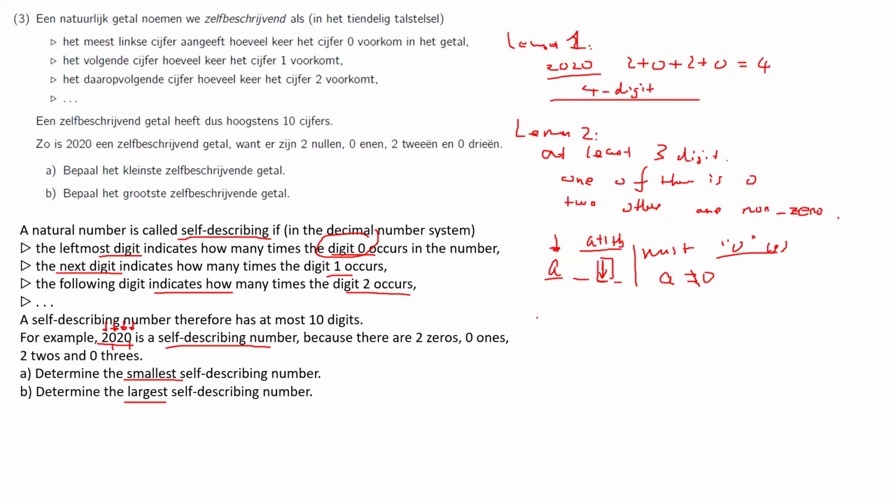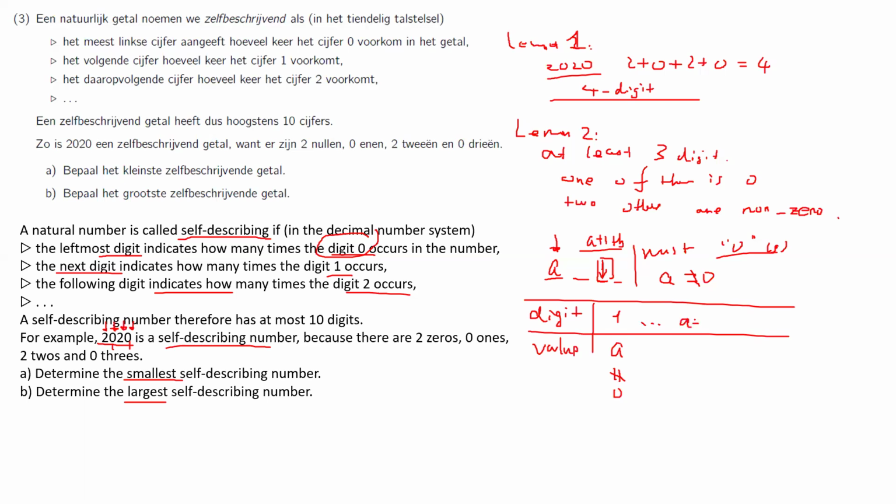If we have a table with digit and value, digit 1 is the first digit that we call A, and A is non-zero. And dot, dot, dot, we don't know where.